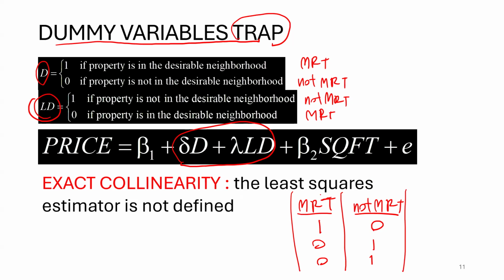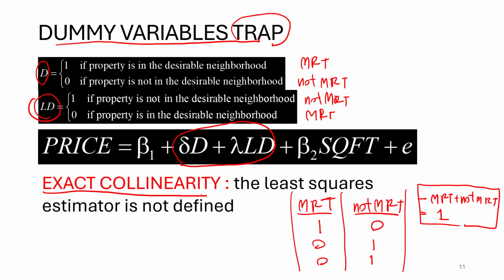In this case, MRT plus not MRT always equals 1. In technical terms, we call this the exact collinearity problem.